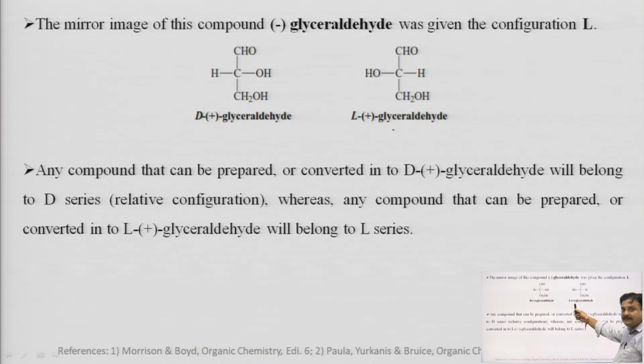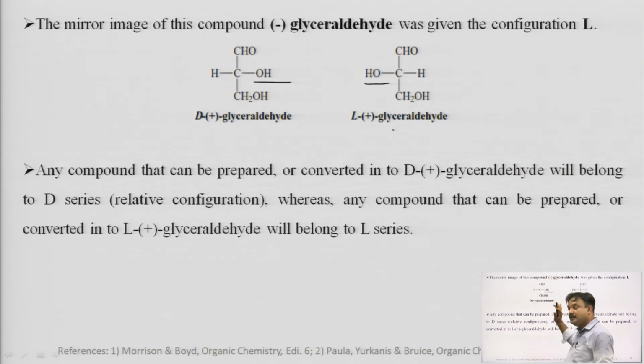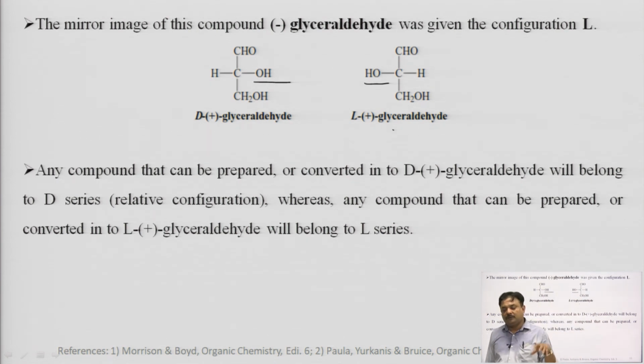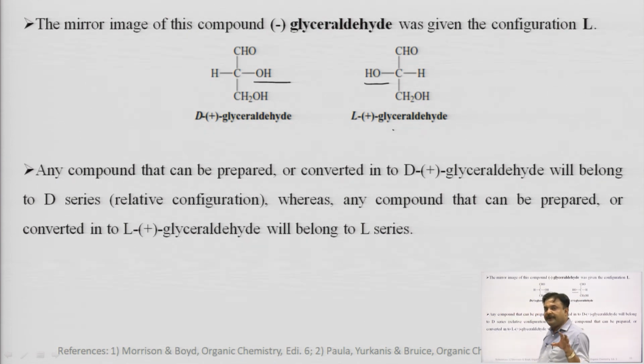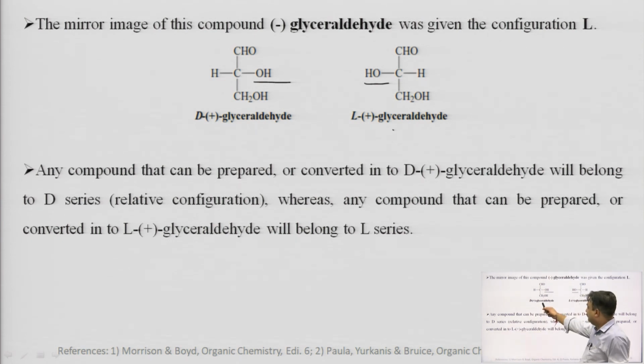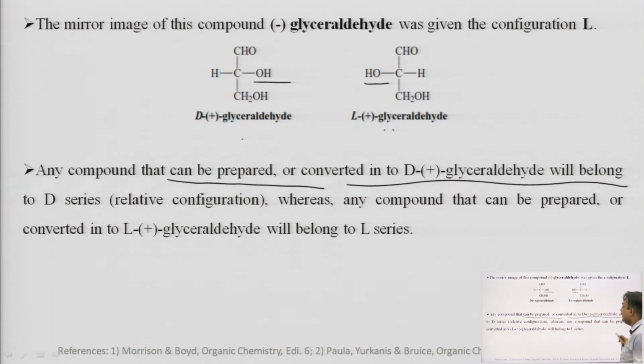Here again the sign is plus, meaning dextrorotatory, but it is L because OH is present on the left side. So the molecule whose configuration we want to know will be compared with D glyceraldehyde or L glyceraldehyde.